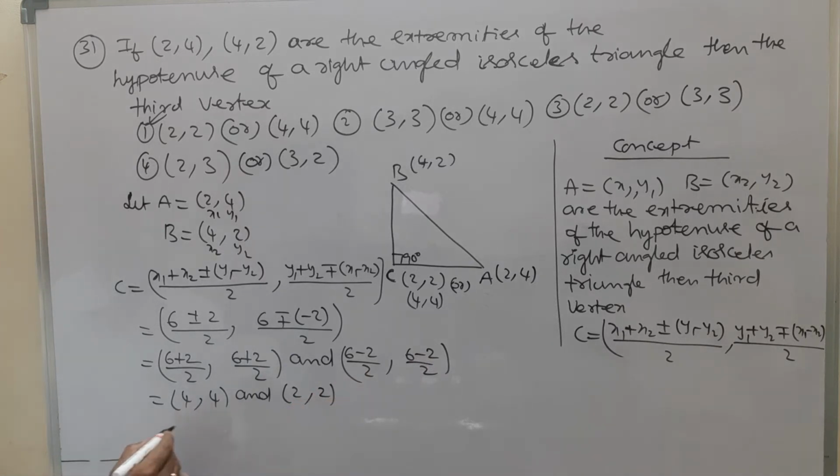By formula, the third vertex is (4, 4) and (2, 2). The first option is correct. In the diagram also, the first option is correct, (2, 2) or (4, 4).